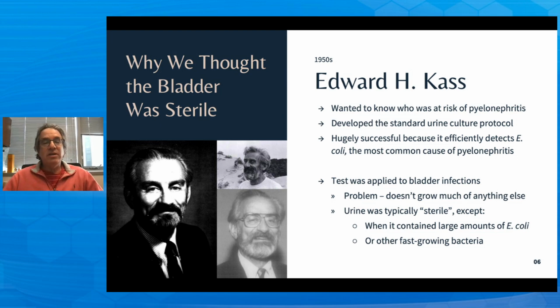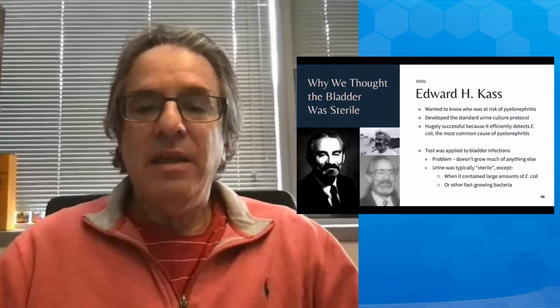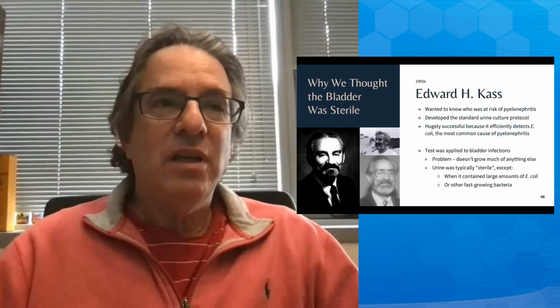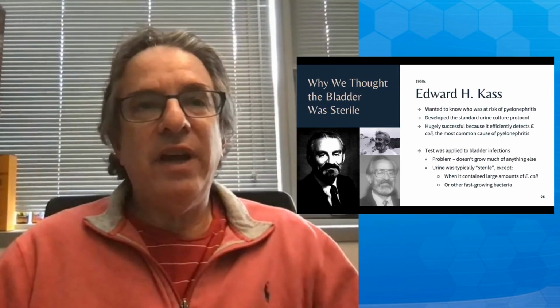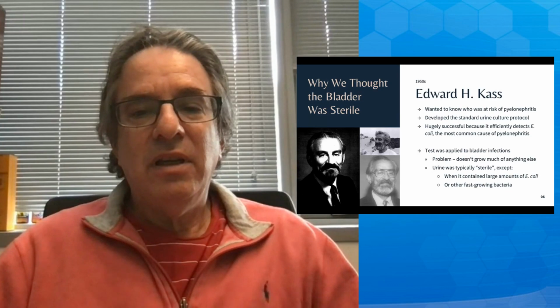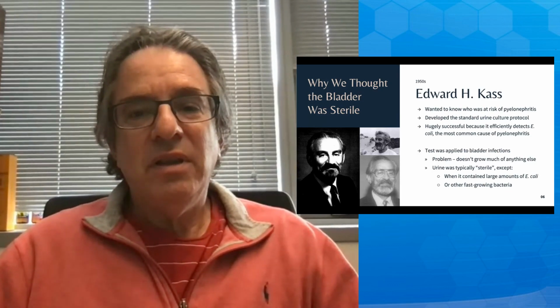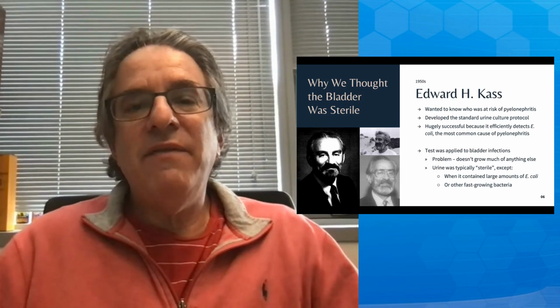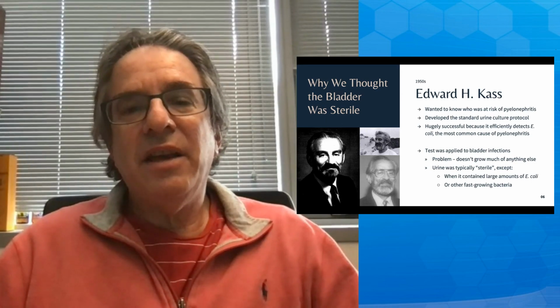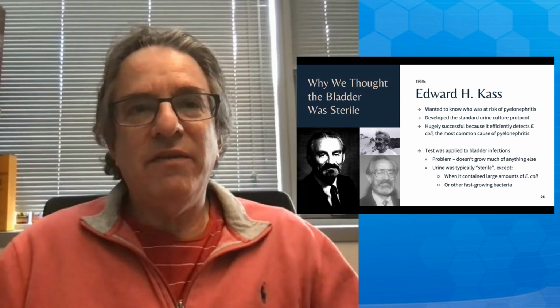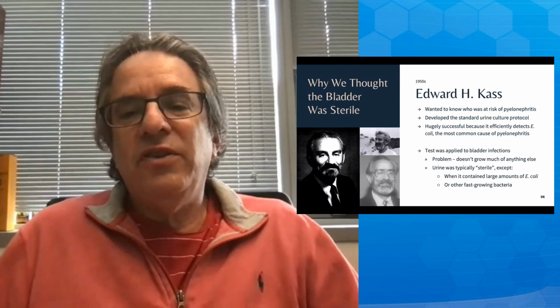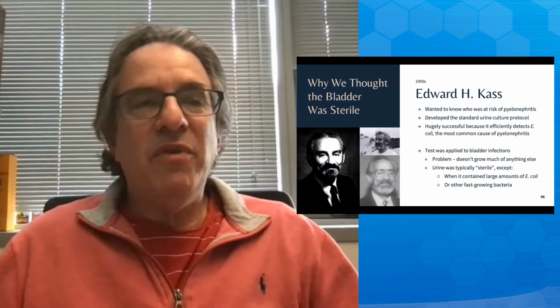And it was hugely successful because it efficiently detects E. coli, which is the most common cause of pyelonephritis. Somewhere along the line, the test was moved for diagnosing bladder infections, cystitis. But the problem is there was no good evidence, not the kind of evidence Cass had for pyelonephritis, that it worked for cystitis. There are a number of problems.